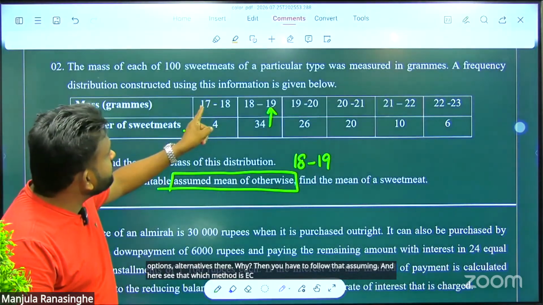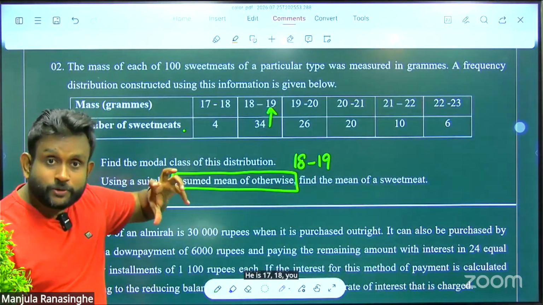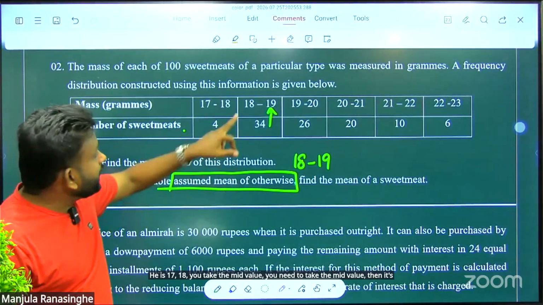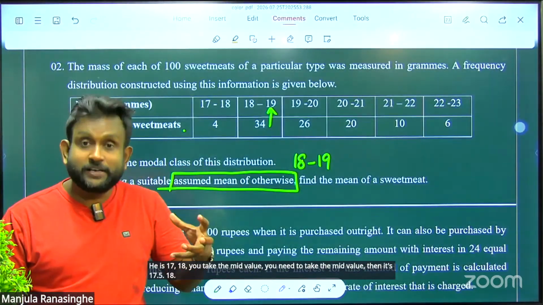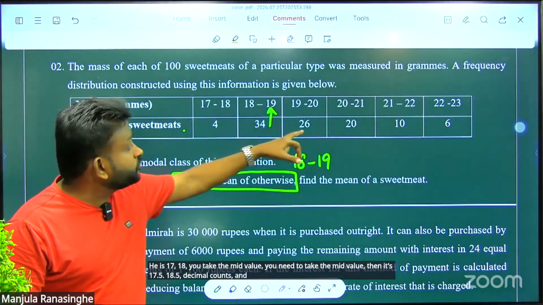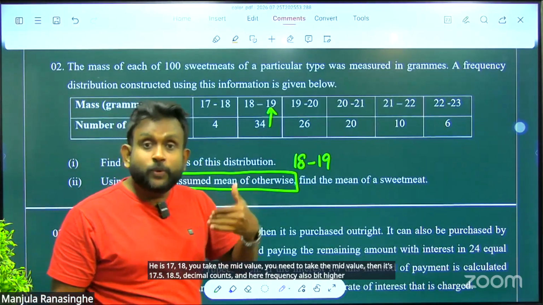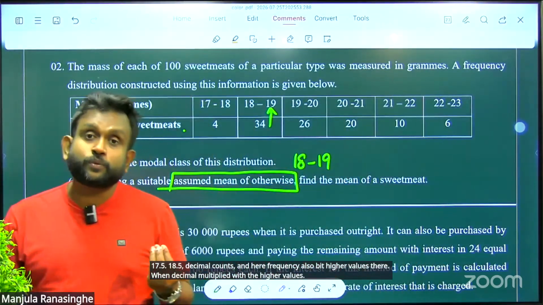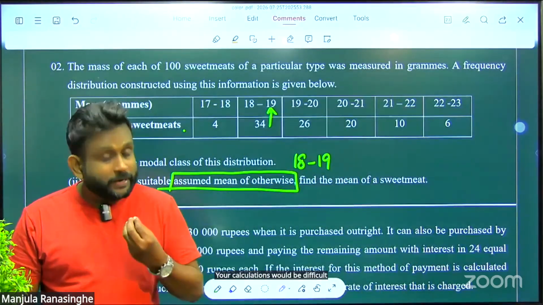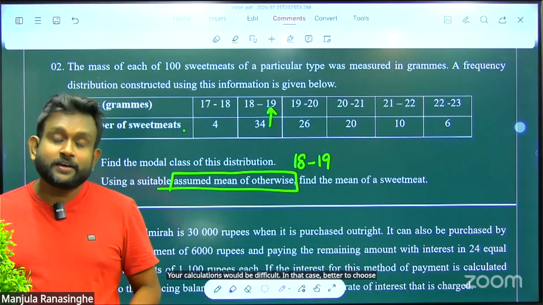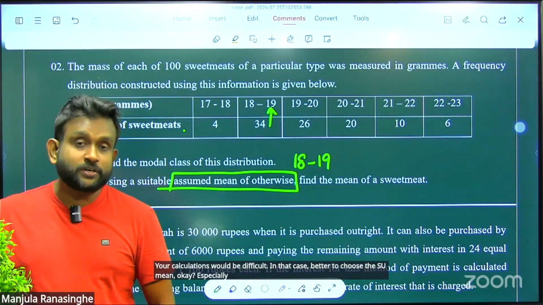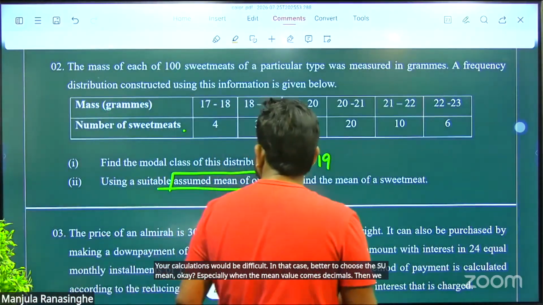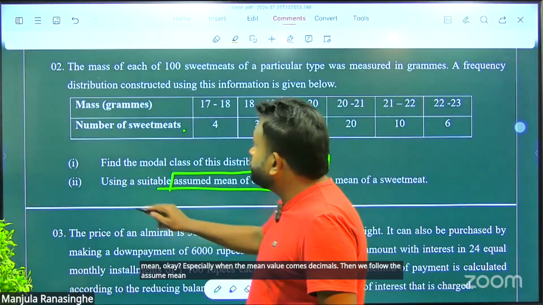For 17 to 18 you take the mid value, 17.5, 18.5, decimals come. The frequencies are also a bit higher, so when you multiply decimals with higher values your calculations would be difficult. In that case it's better to choose the assumed mean, especially when the mid values come as decimals.